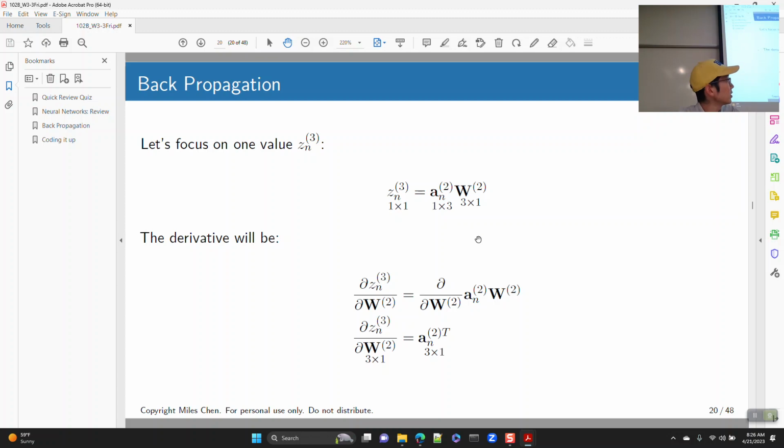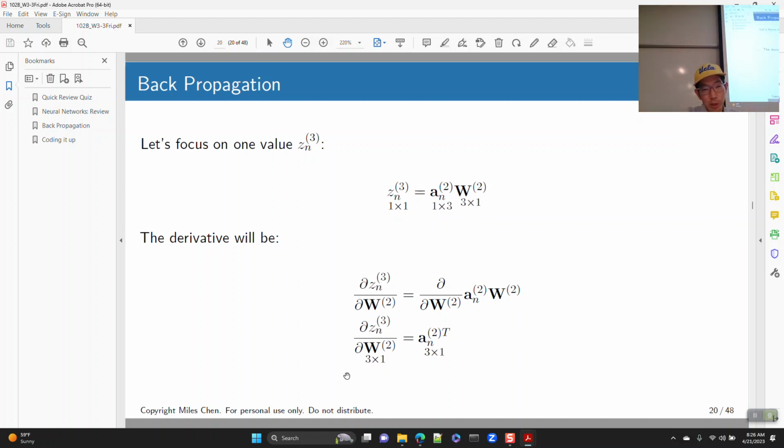All right, is that okay? So we're saying, how does this change with respect to W2? One thing to note is anytime you take the gradient with respect to a vector, the resulting thing has to have the same dimensions as W2.